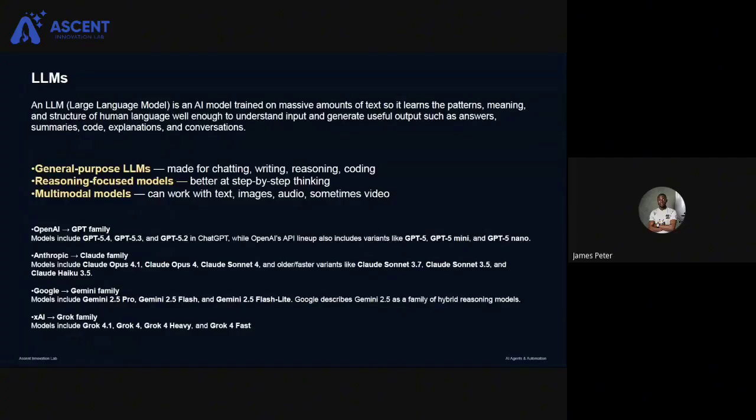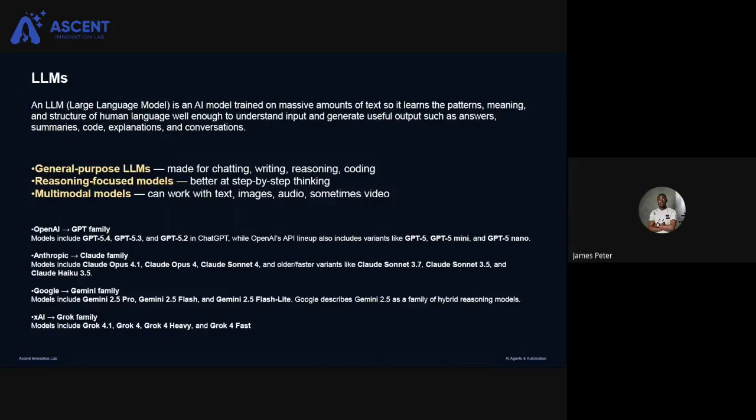An example is the GPT 5.4 model, from OpenAI. We have the reasoning focused models. Now, these are AI models that can reason step by step. They can break down complex tasks into step-by-step reasoning to solve those tasks.